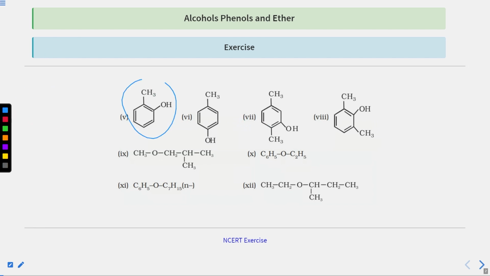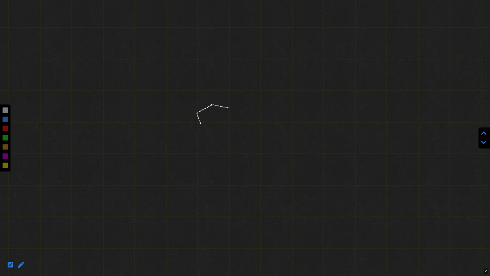Fifth question, this compound, easy to handle. If I number it from here: first, second, third, fourth, fifth, and sixth. So what will be the name?